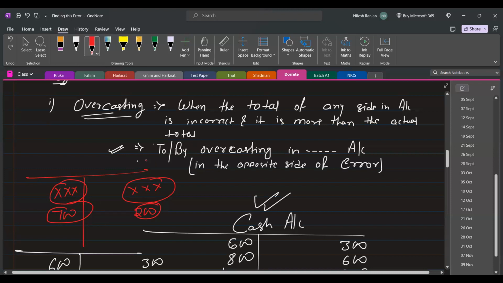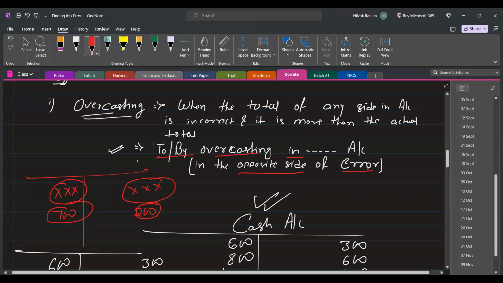To rectify this, we write "to" or "by" overcasting in that account, on the opposite side of the error. In the question, it will be written like there is overcasting in purchase account by 200.